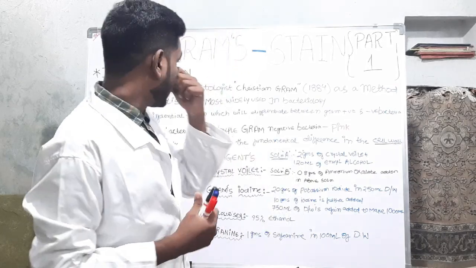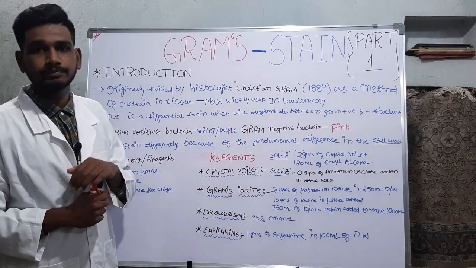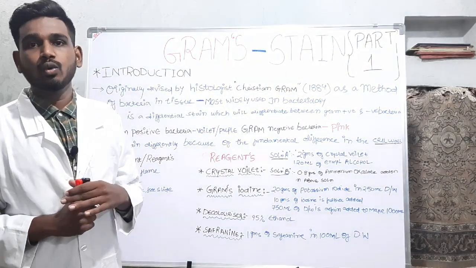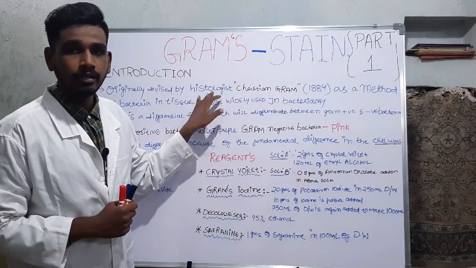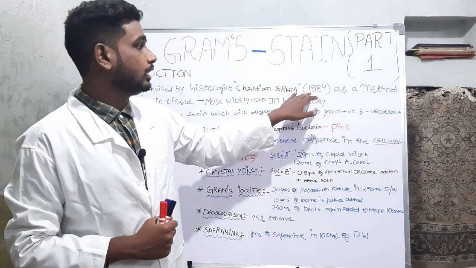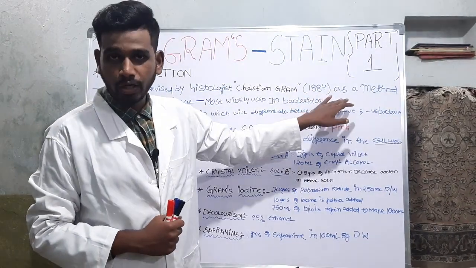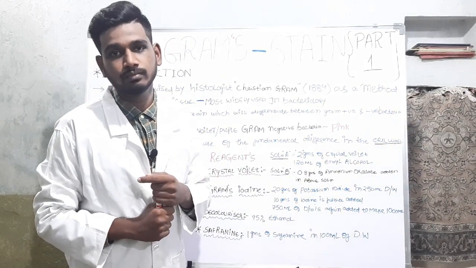First, we are going to see the introduction. Gram stain was originally devised by a histologist, namely Christian Gram, in the year 1884 as a method of identification of bacteria in tissue.